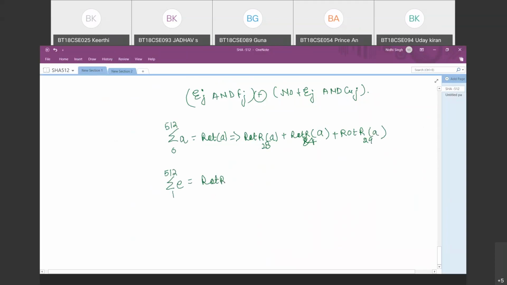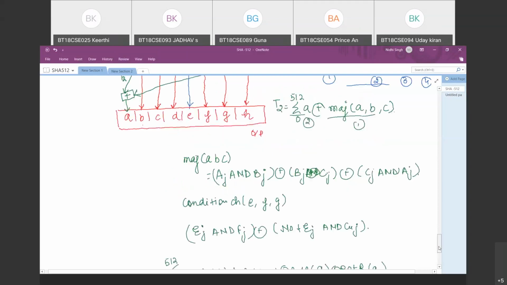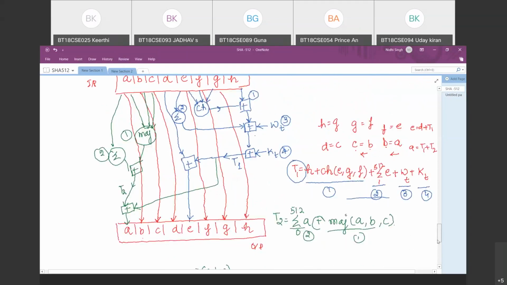Rotation right by 28 bits over the value stored in buffer E, rotation right by 34 bits over the value stored in buffer E, XOR, and rotation right by 29 bits over the value stored in buffer E. So this is all about the SHA round. Now my one round is finished. That is all about one round structure.